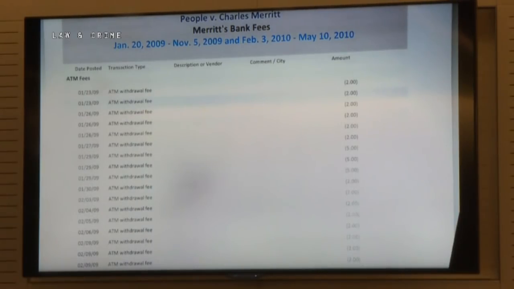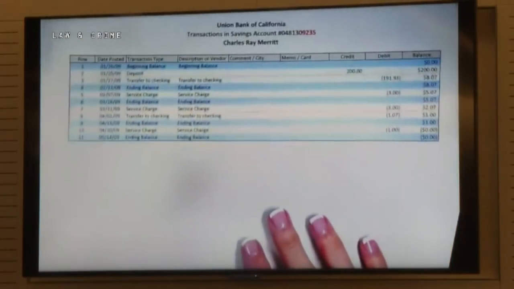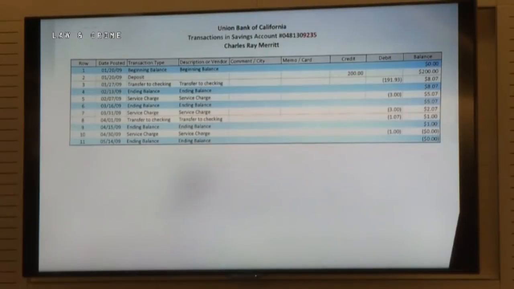Okay, I want to stop for one moment because you talked a little bit about the three accounts. So I want to show you 871, which I think you identified previously. Just to be clear, what is this? Okay. This is the savings account ending in 9235 at Union Bank of California. And there's very little activity going on in this account.